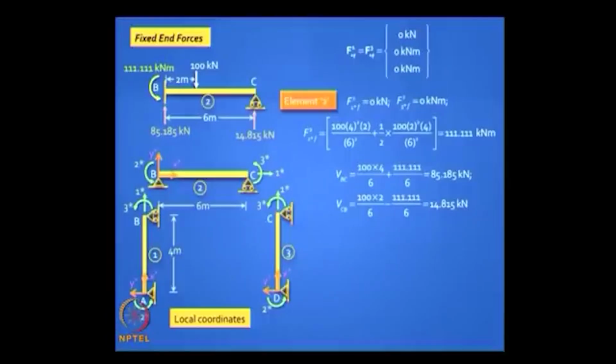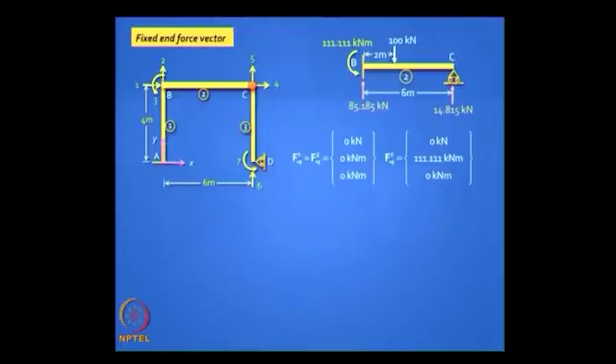Is it clear? You get the vertical reactions and write down the F2 star F vector. You have only one moment there because here you are accounting for the fact that at C there is a hinge, so you do not get a moment. So does it make sense now? I have taken care of the hinge, but I am still keeping my full-fledged 3 degree of freedom matrix, but I will take advantage in the next situation.